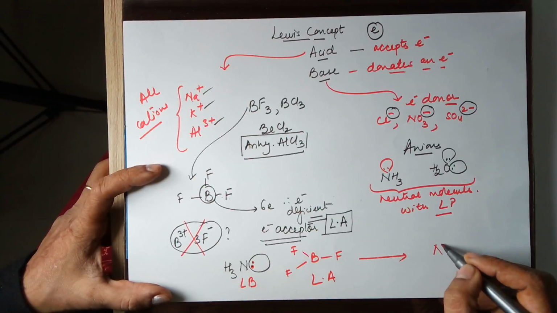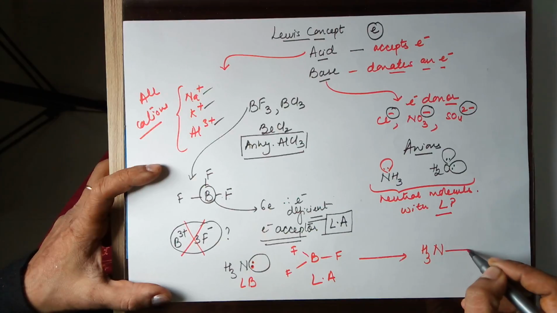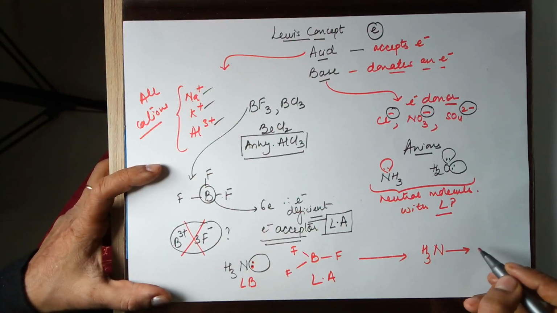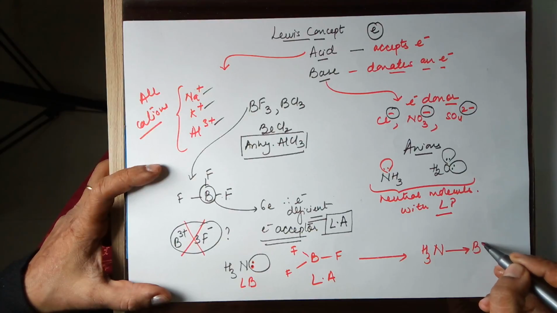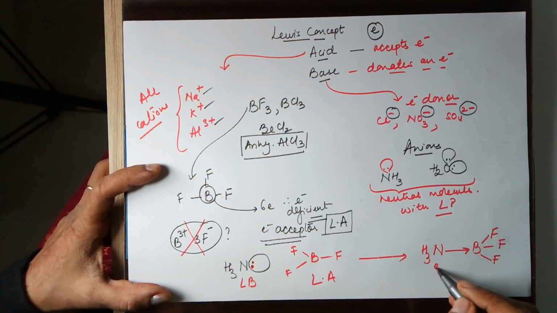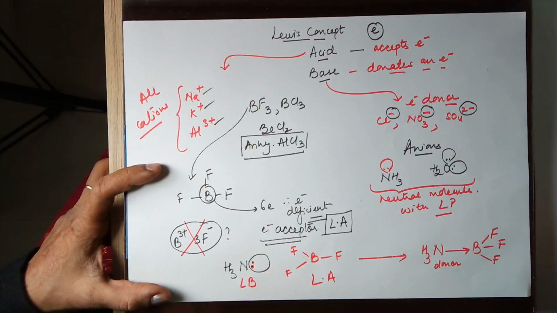When they combine with each other, this is what happens, where this arrow is illustrating the coordinate bond formation between nitrogen from its lone pairs towards boron, leading to the boron acting as an acceptor while nitrogen is acting as a donor.